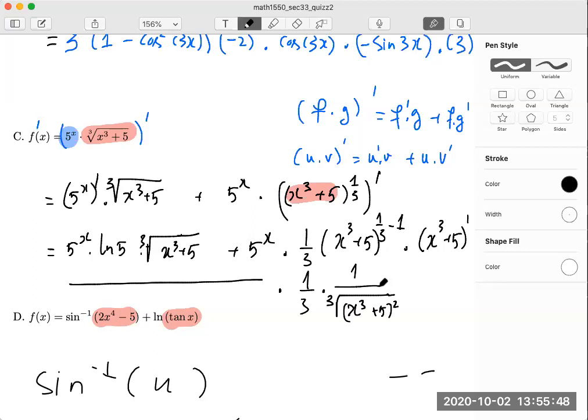Okay? And the last term, x cubed plus 1, take the derivative, which gives us, very good. Then we can simplify it, but we are not required to do it here, okay? So we can stop here.